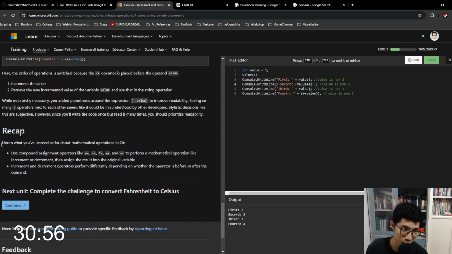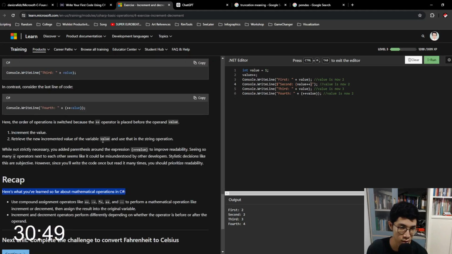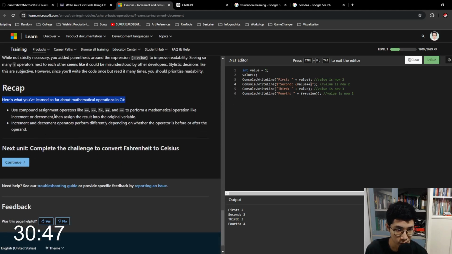Okay, recap. Here's what you've learned so far about mathematical operations in C# in Unit 4. Use compound assignment operators, like addition assignment, subtraction assignment, multiplication assignment.